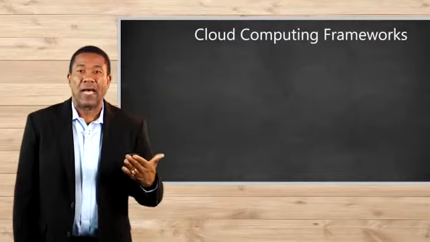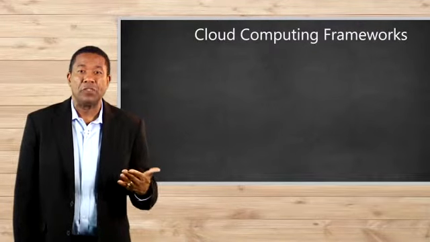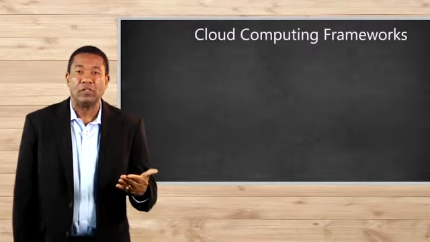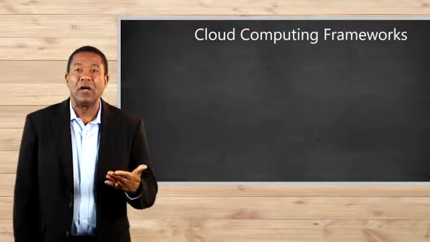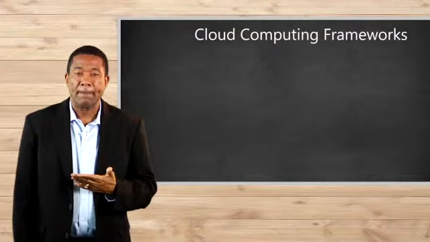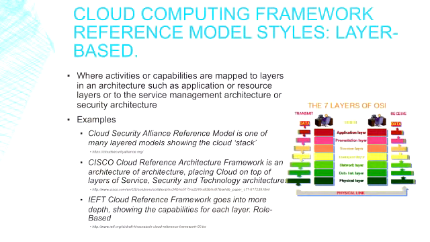A second style for developing and publishing cloud computing frameworks is called a layer-based style. In the layer-based style, activities or capabilities are mapped to layers in an architecture, such as an application layer or resource layer. You can also map these activities to the service management architecture or security architecture.